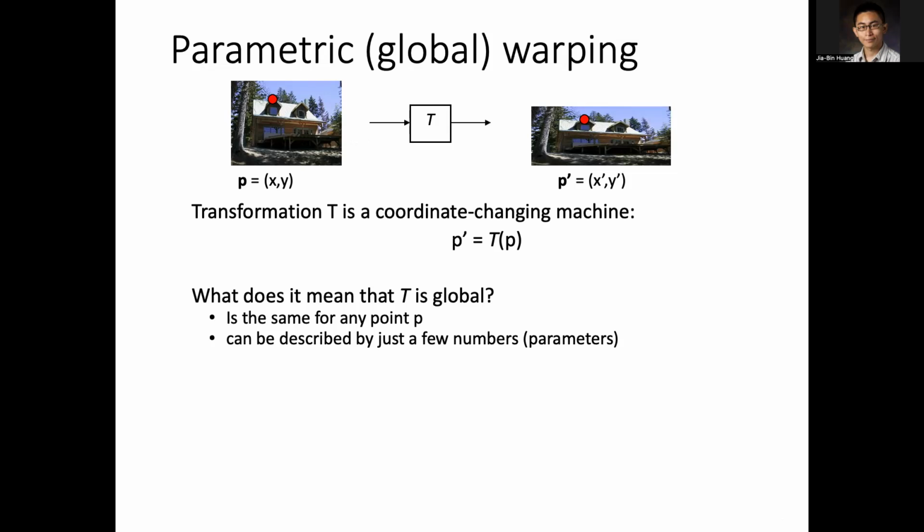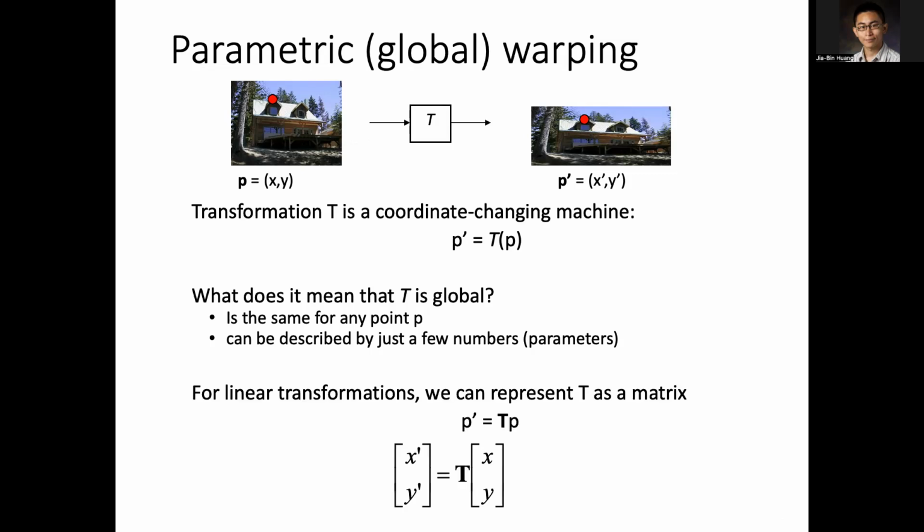One type of transformation we particularly like is linear transformation, because it can express the transformation with just a few numbers, and it can be described as a linear matrix-vector multiplication.